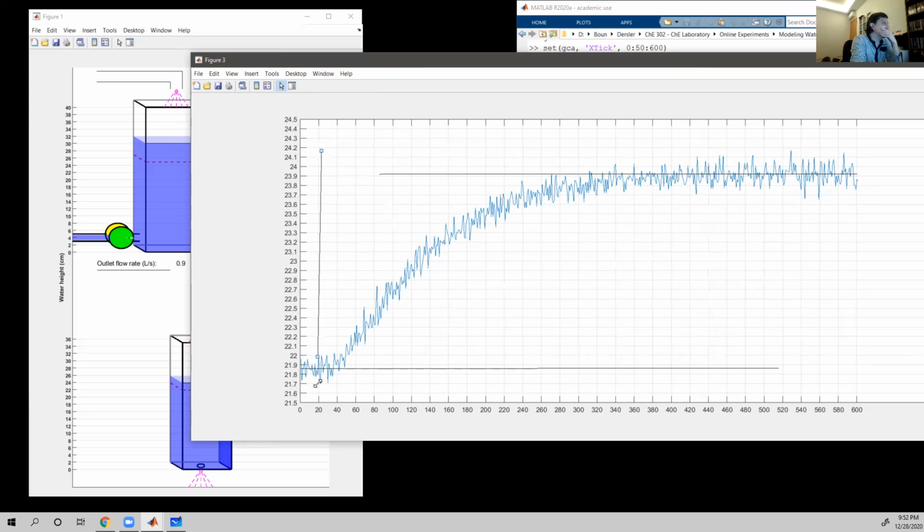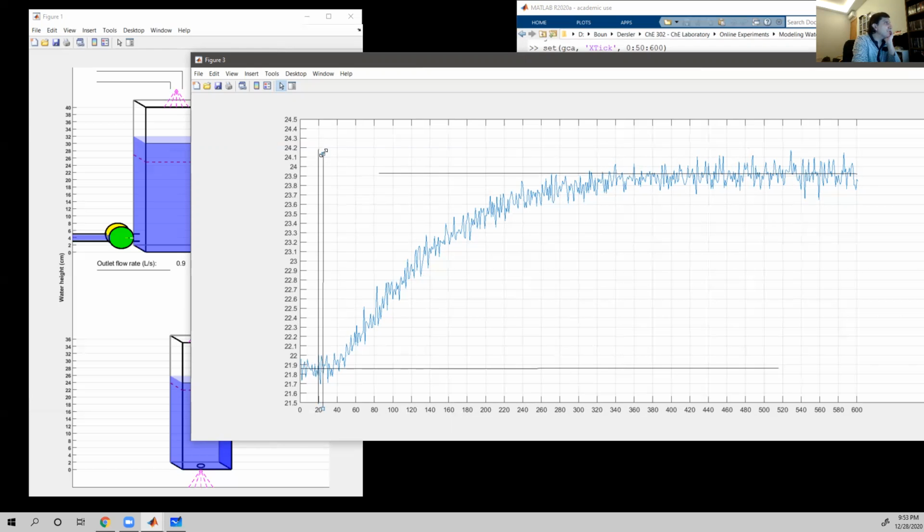So this first 20 seconds is not something that we are interested in, because during this period, everything was at the previous steady state value.